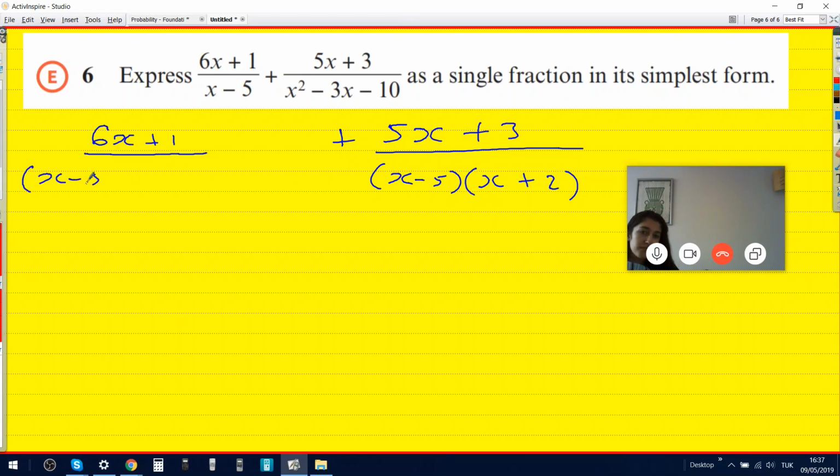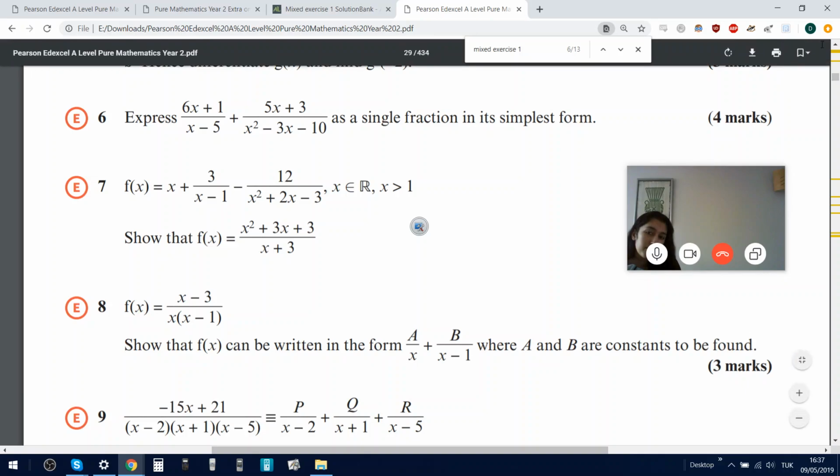And so what goes on the top? 11x plus... you times the bottom by x plus 2? Yeah, so times the top. You times the top by x plus 2 as well, and then you just go from there. Any questions with that? No. Okay, so because they had a thing in common on the denominator, you could avoid that.